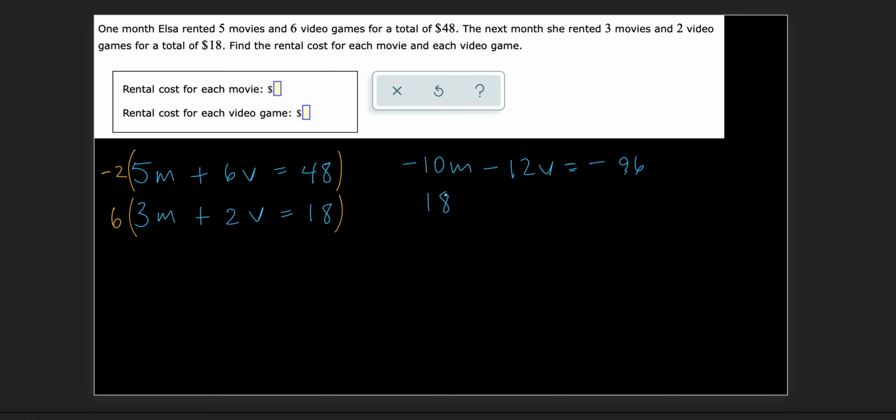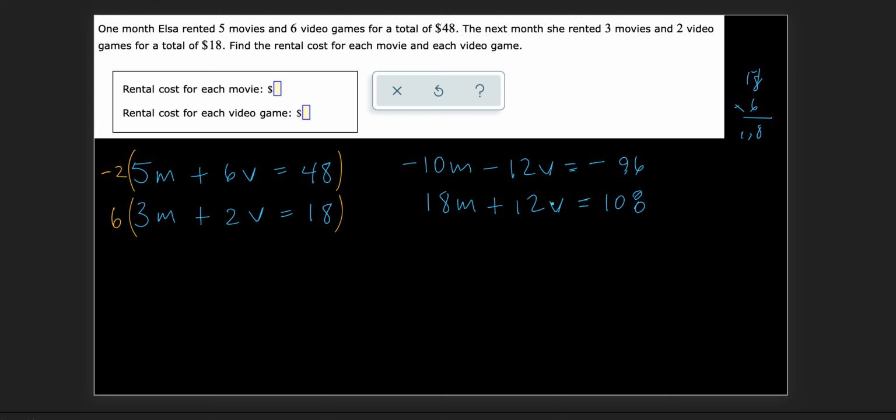So I have 18m plus 12v equals 6 times 18, which is 108. I have to make sure. 6 times 18 is 108. So now you can see why I did that.